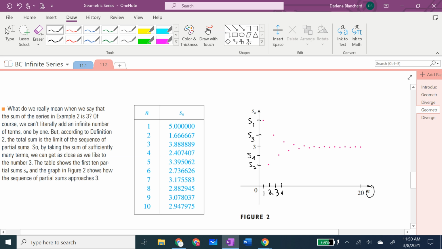Do you see the pattern? And I want to point out that we found the sum to be 3. What do you notice is happening with the nth partial sums as we go along?